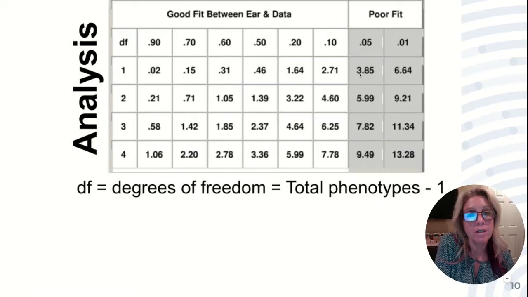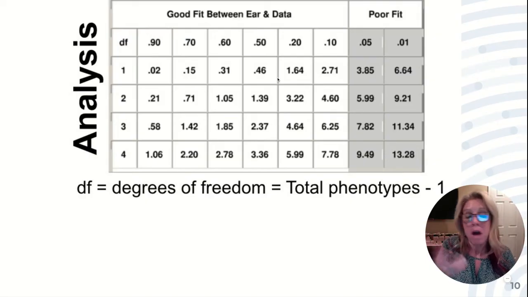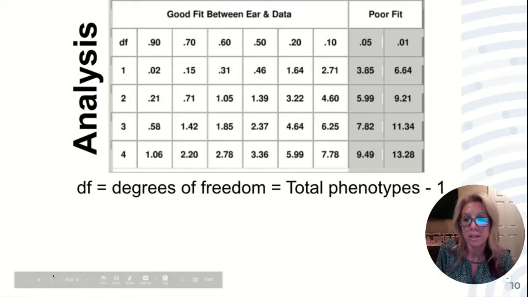If your chi-square value is 3.85, that's saying statistically it's probably not going to happen. Now notice if you have more degrees of freedom, if instead of 2 choices we had 3 choices, then you have a larger value here before you hit the poor fit. So I'm not worried about this family. 3 boys, 1 girl. Chances are that could happen. What are the odds it would happen? Between 20 and 50% of the time.